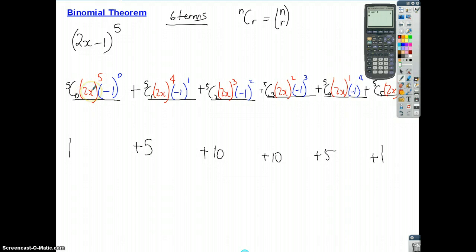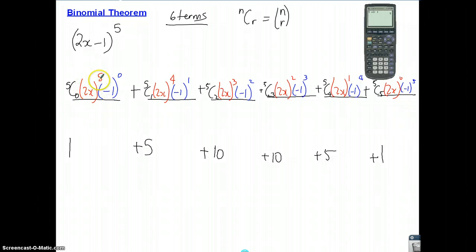Alright, let's go and do our a terms, our 2x terms. (2x) to the power 5, remember to put those parentheses, you're raising the whole 2x to the power 5. If you write 2x to the 5, mathematically, that's wrong because you're only raising the x to the 5. So just be a bit careful. Put that whole term in parentheses.